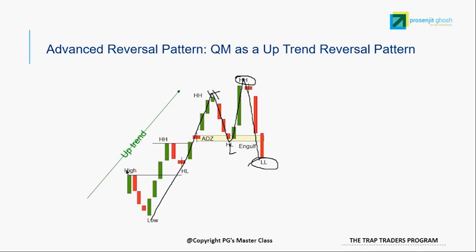And what else do we need? At all the QMs, you will find that the low is a reaction of some zone on the left. So we want that authentic zone to also be engulfed.